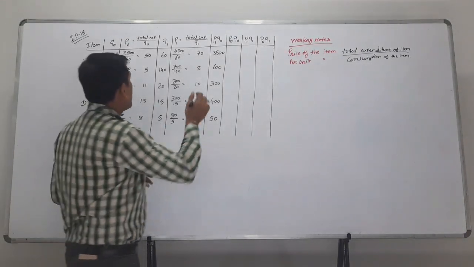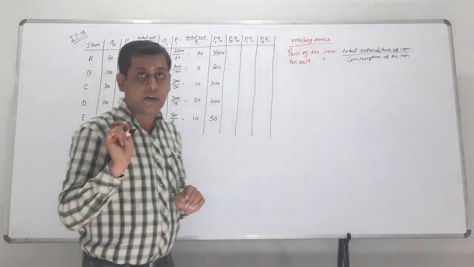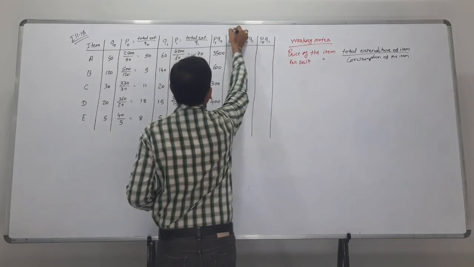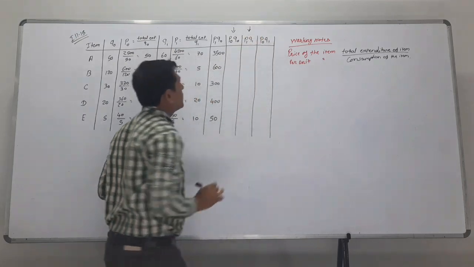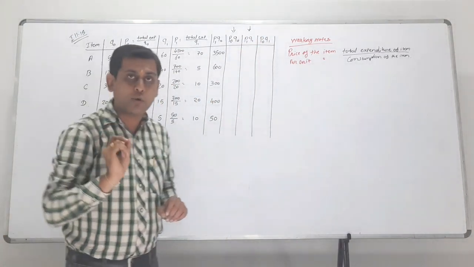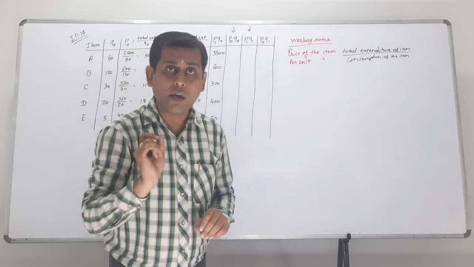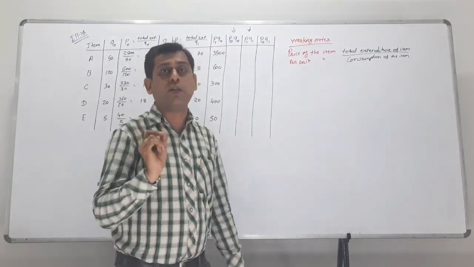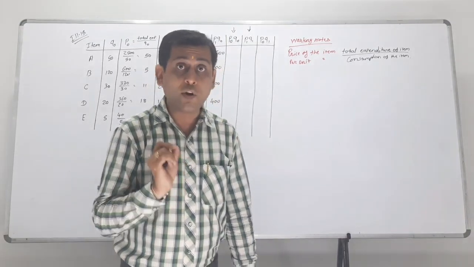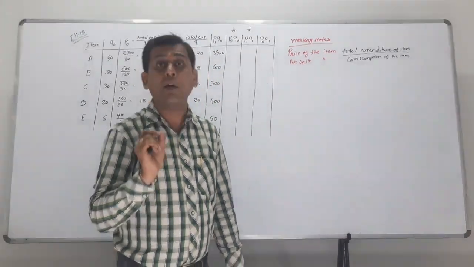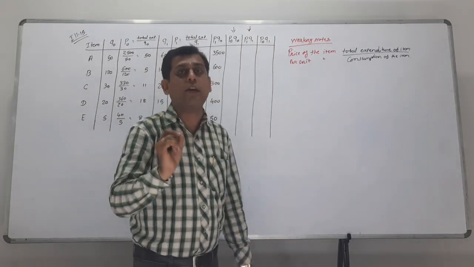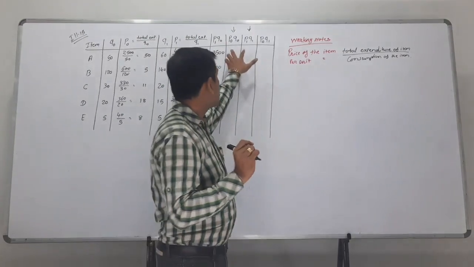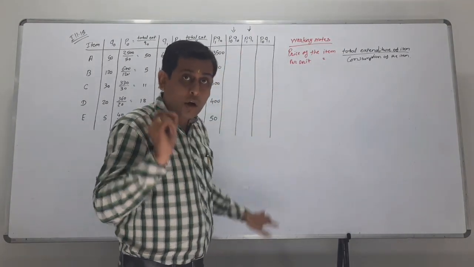Whenever the total expenditure column is given in the question, you don't have to find out these two columns, because they are already given.